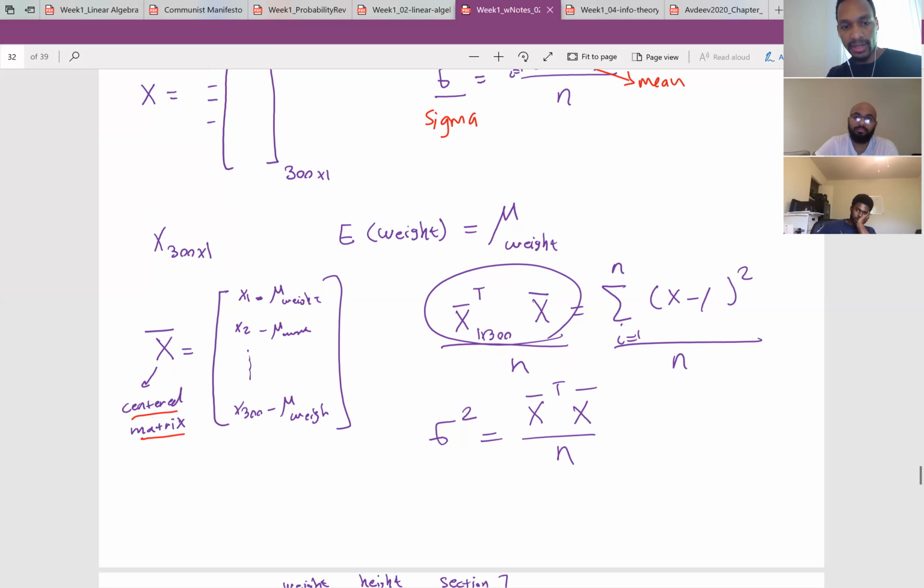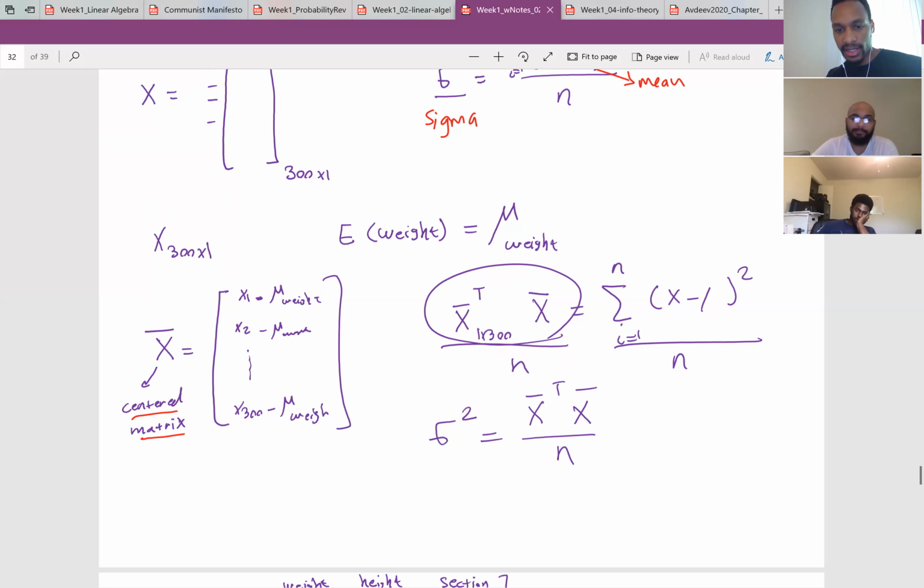You have some data X that you've collected, and you can compute the mean and center the matrix around the mean. And then from a matrix perspective, you can get this X transpose X. Sorry, this is a vector, not a matrix, but he did write centered matrix.